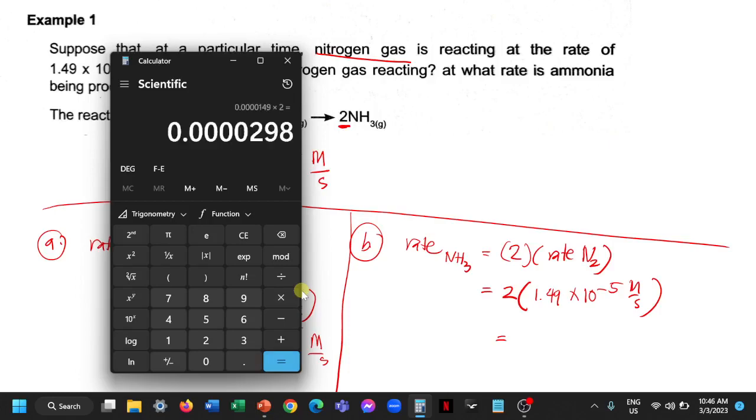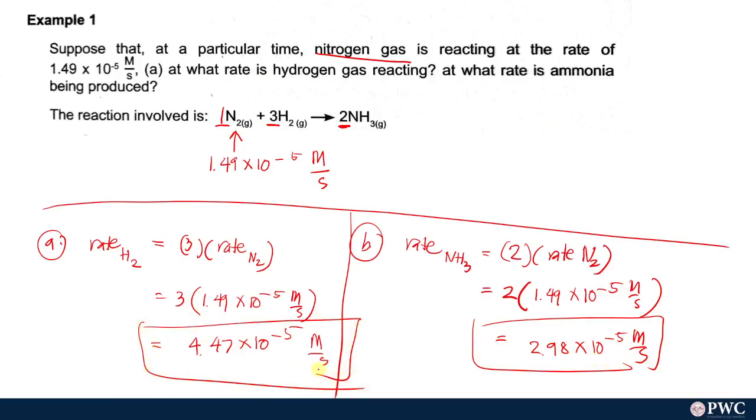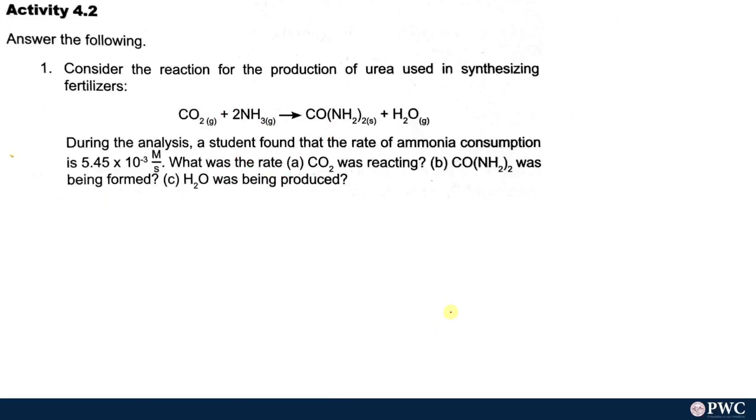We have 2.98 times 10 to the power of negative 5 molar per second. So that's the answer for this one. That's the rate of NH3, and this is the rate of H2. Let's proceed to the next one.